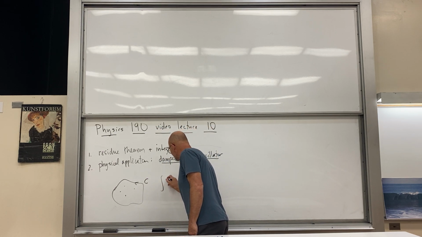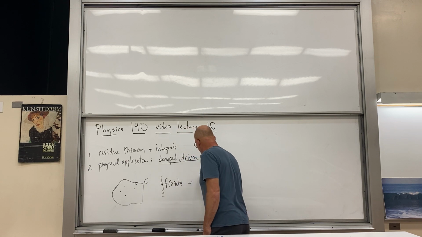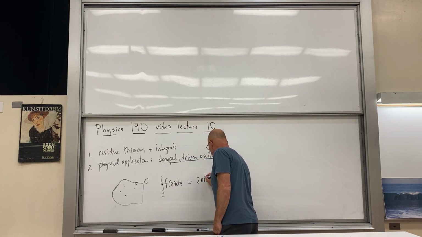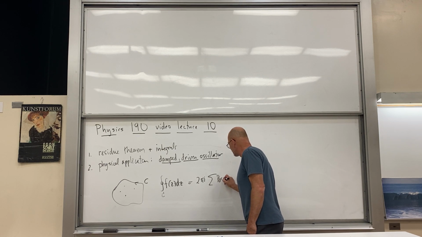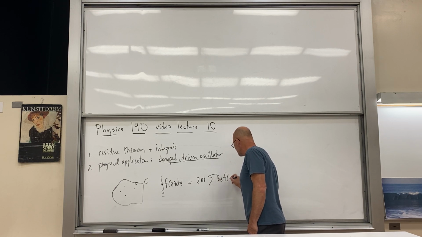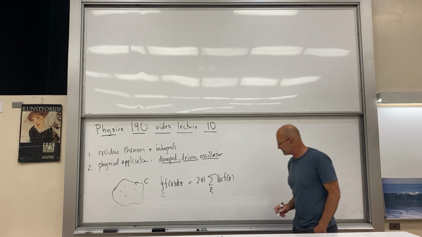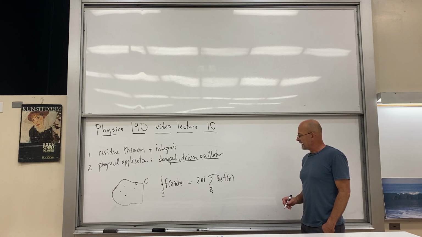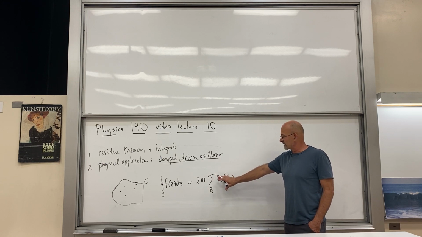We have the integral of f of z dz on that closed contour equal to 2 pi i times the sum of all the residues, residue of f of z, sum over all the z sub i, I'll just call them. And we had a couple of formulas telling us how to get these residues.